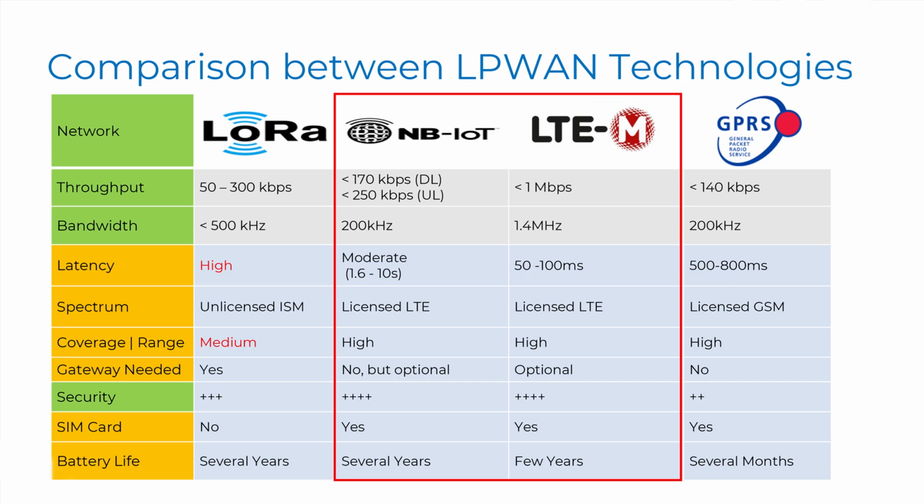And another main feature of this low power wide area network is, as the name suggests, low power, the battery life of the devices. The battery life of LoRa devices can withstand up to several years, as well as NB-IoT and LTE-M, which can withstand a few years, and for GPRS, it can withstand up to several months.